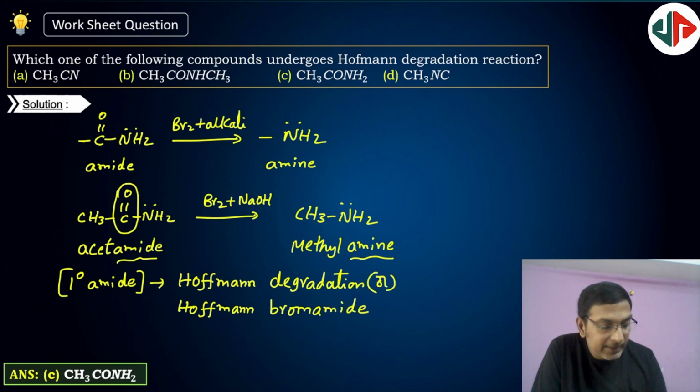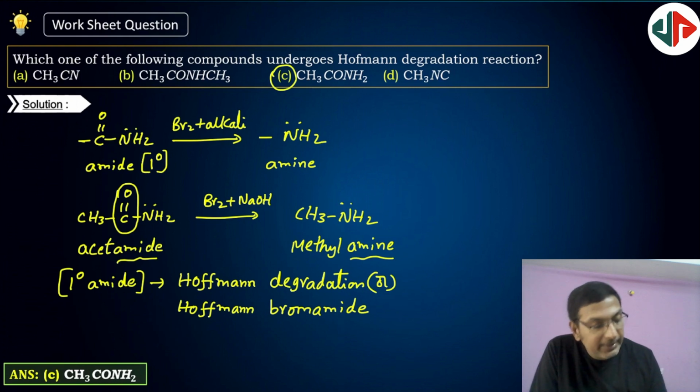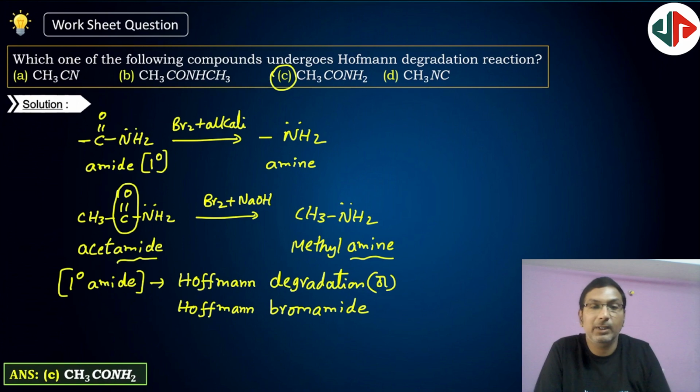Very, very important. Therefore, option C, primary amide. If it is NH, secondary amide. If it is N, tertiary amide. Only primary amide undergoes Hoffman degradation reaction.